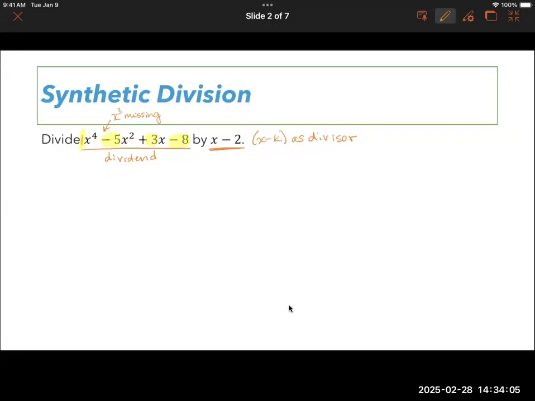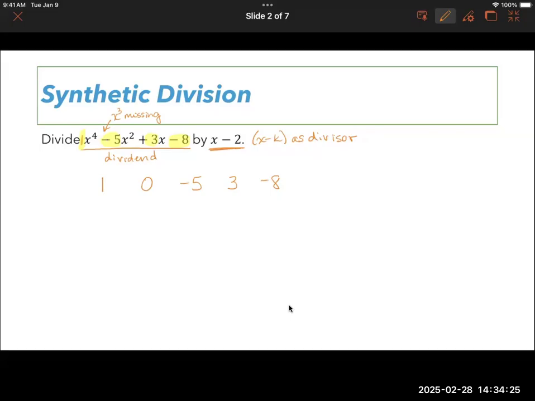So if I'm starting with my x to the fourth term, it had a coefficient of 1. X cubed, we would say, had a coefficient of 0. X squared has a coefficient of negative 5. X has a coefficient of 3, and then our constant of negative 8.